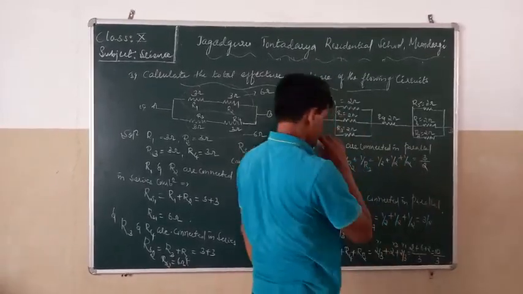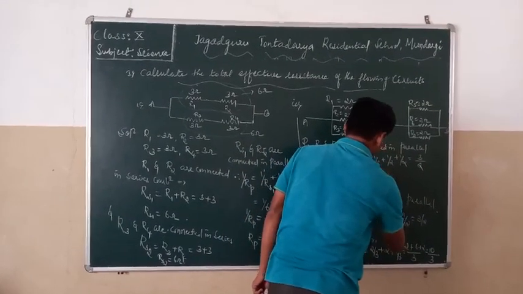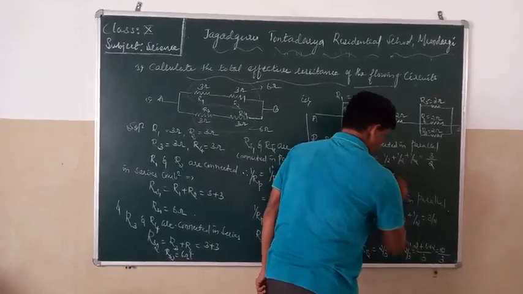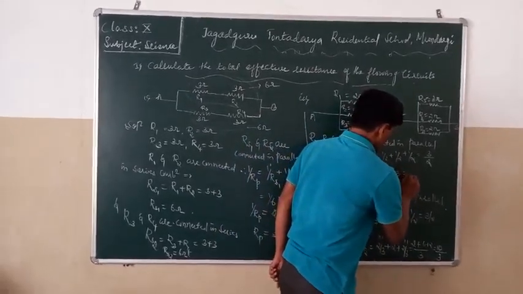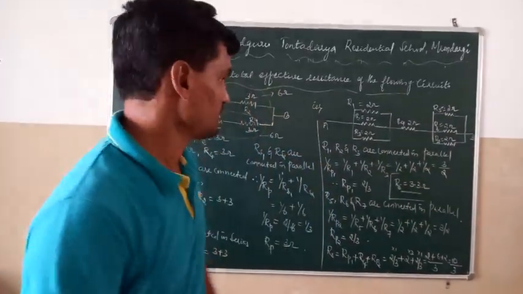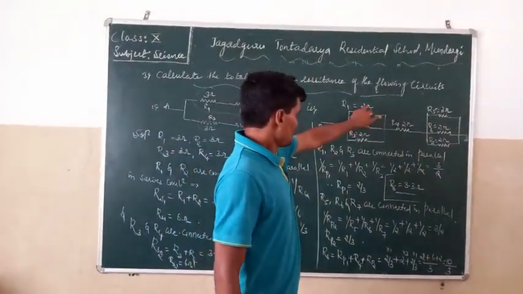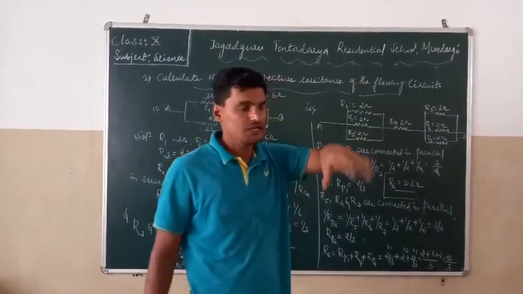So in general I can say that therefore Rs is equal to 10 by 3, which means 3.3 ohm. Once again I explain: R1, R2, R3 are connected in parallel.